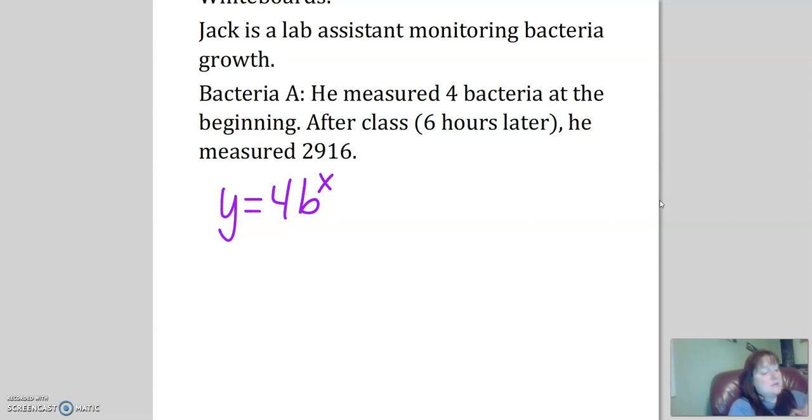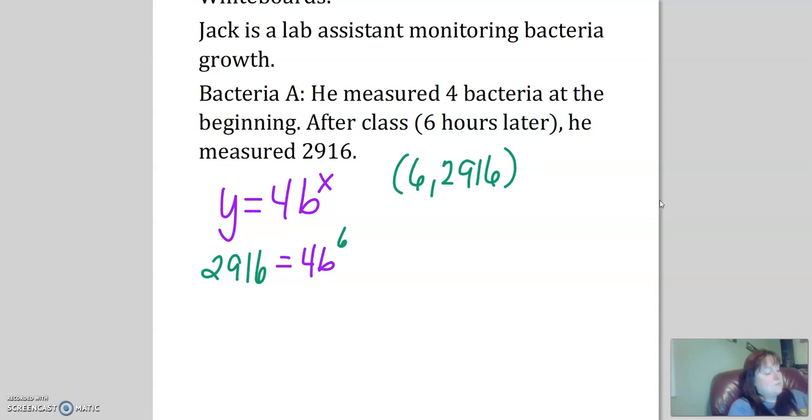We don't know what b is, but we can just put in our point, which is 6, 2916. We know that when x equals 6, y equals 2916. So we do 2916 equals 4 times b, which we don't know, to the 6th. We divide both sides by 4.